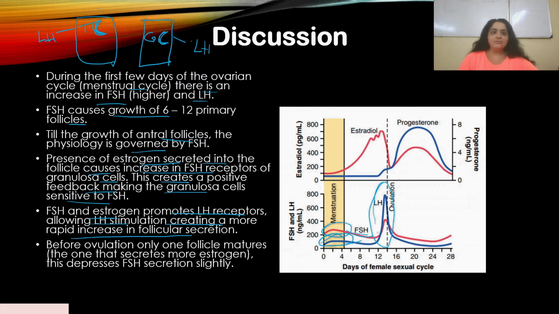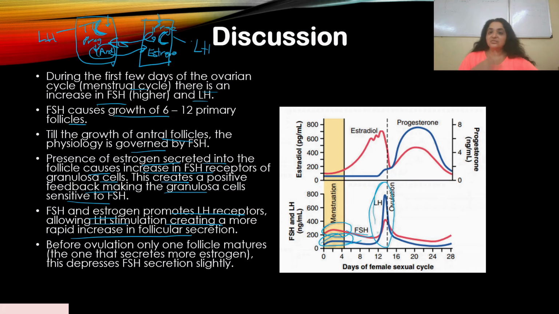Now with the help of cholesterol, progesterone is formed. Progesterone is formed here also. Now progesterone moves into this, and progesterone converts to androgens. The androgens cannot be used as such. So androgens move into the granulosa cells and they convert to estrogen.